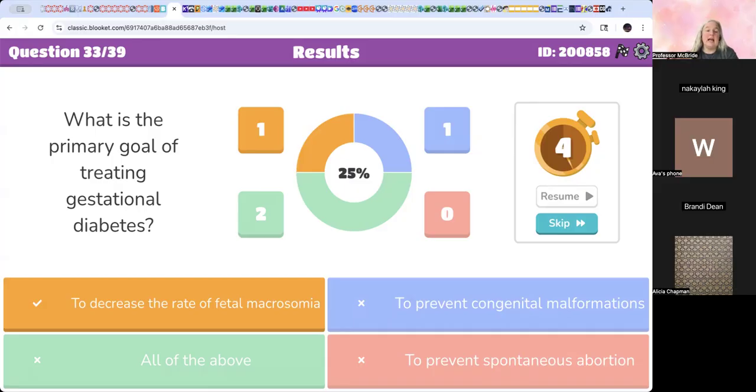But your patient with gestational diabetes doesn't have the risks of early pregnancy that your patient who was diabetic before she got pregnant has, because she wasn't diabetic yet. So that's why for this question blue and red weren't choices, because she's a gestational diabetic. That makes sense?